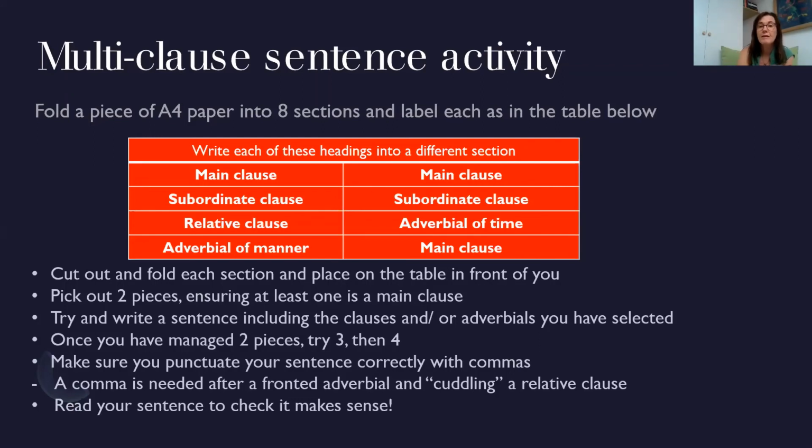A comma is needed after a fronted adverbial, and it needs to cuddle a relative clause also. Don't forget that if you have a subordinate clause at the beginning of your sentence, it's also a fronted adverbial and needs the comma after. Reread your sentence to check that it makes sense. Okay, I'm just going to show you an example.